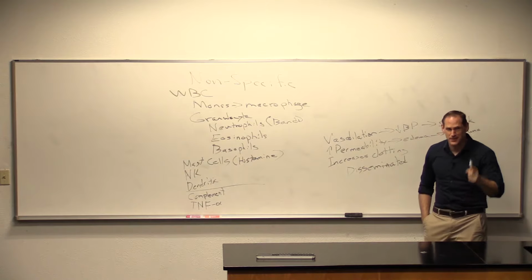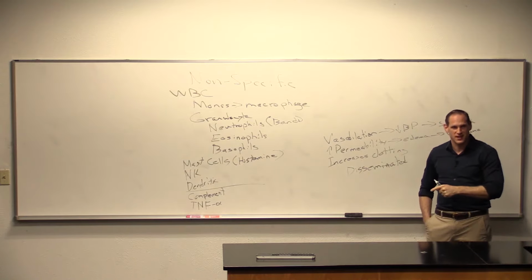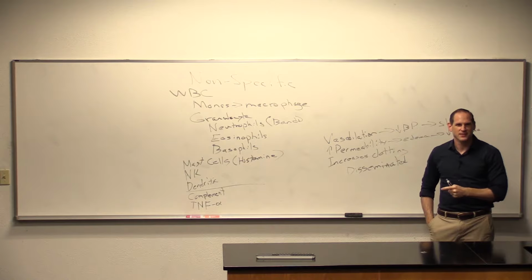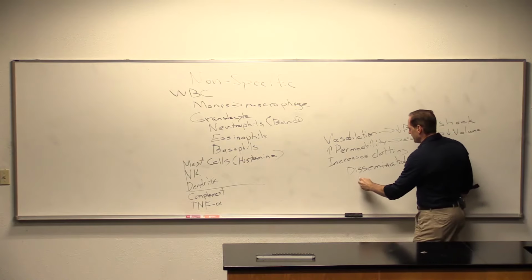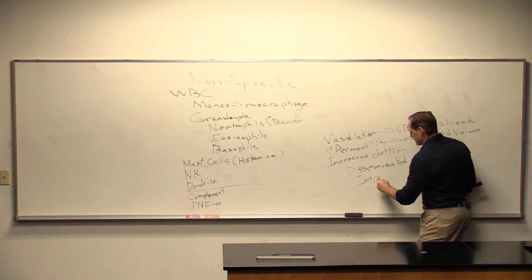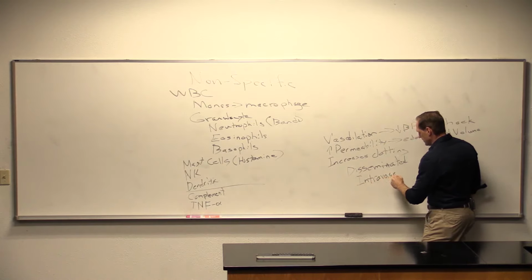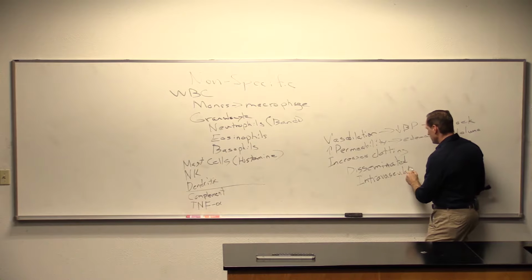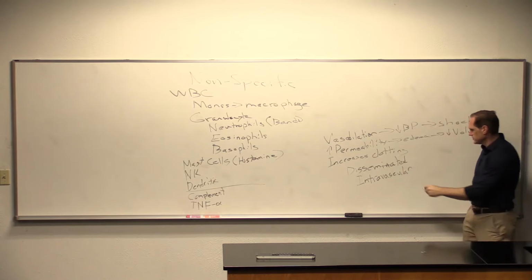No, it's not. But that wouldn't have made you less wrong if you just said the answer outright. So intra, vascular. So vascular means of blood vessels or of vessels.